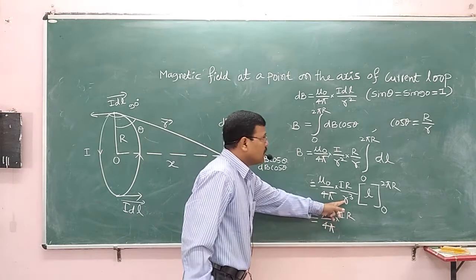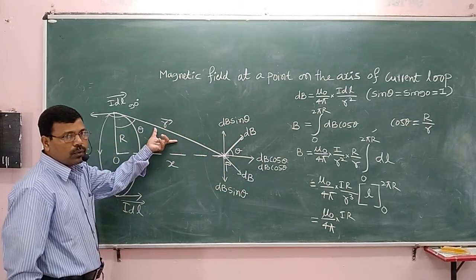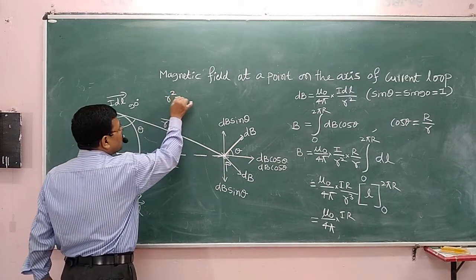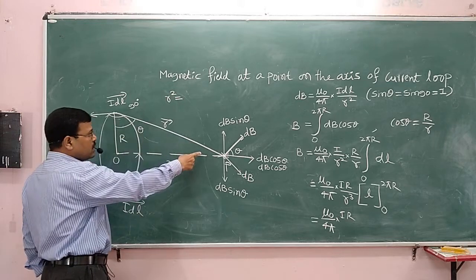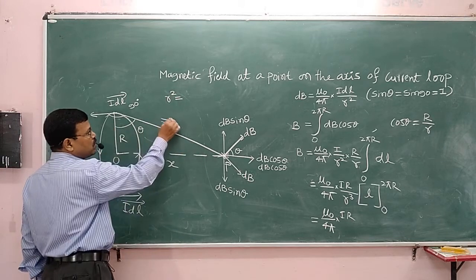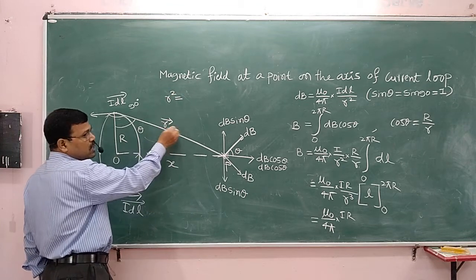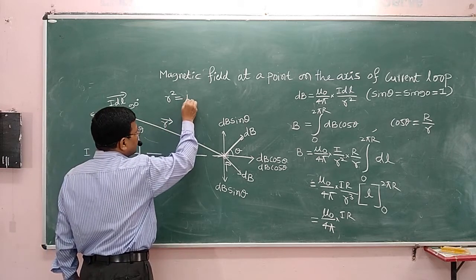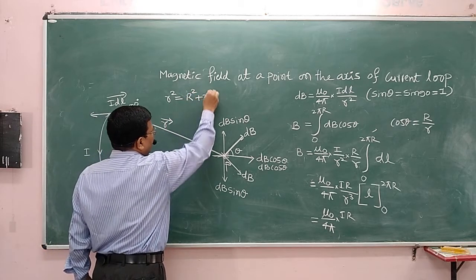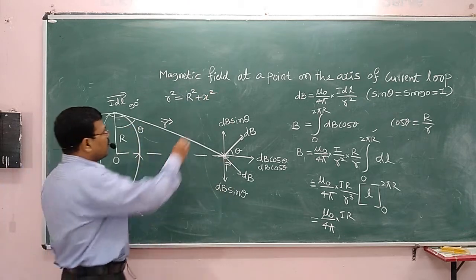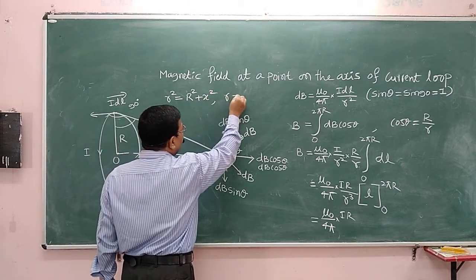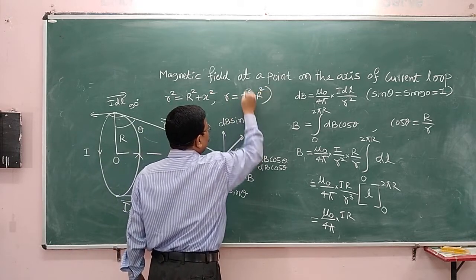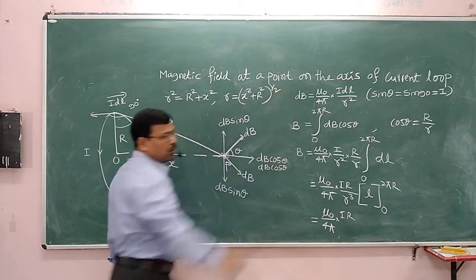This R, the value of R, we can make use of Pythagoras theorem here. That is, R square is equal to this square plus this square. This is a position vector. We can write its magnitude as R. So R square is equal to x square plus r square. From this we can write R is equal to x square plus r square raised to 1 by 2.